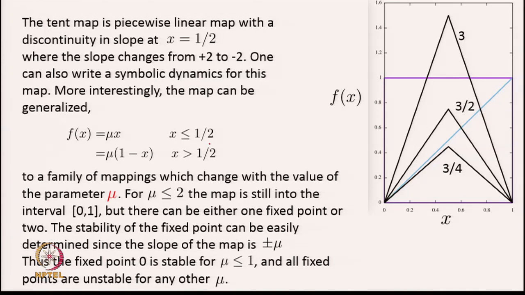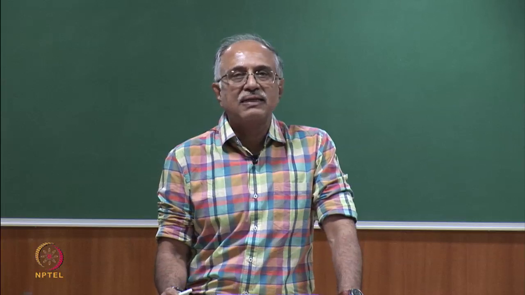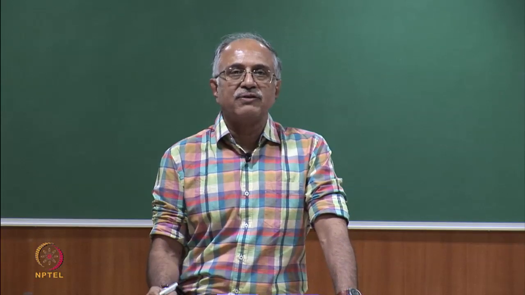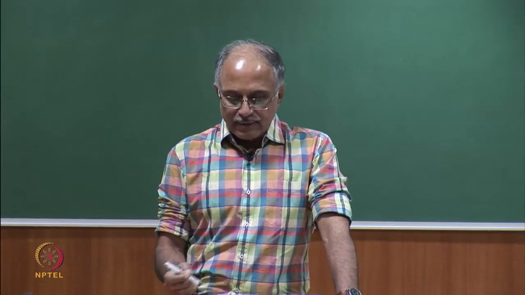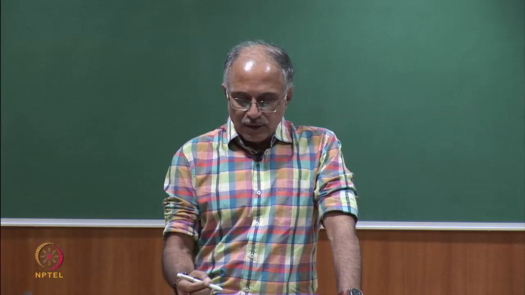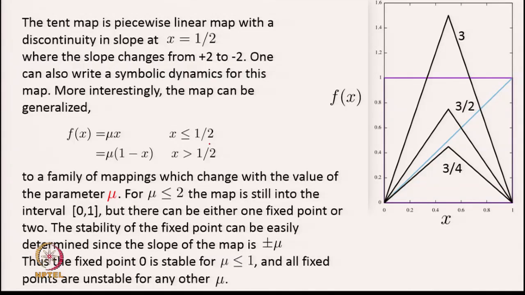For the map with mu equals 2, you can write a symbolic dynamics and show that it has exactly the same sensitivity to initial conditions that the Bernoulli shift map had. But for this map, if I change mu, you can see that the map changes, because the maximum of the map is exactly at x equal to a half, and there it takes the value mu by 2.